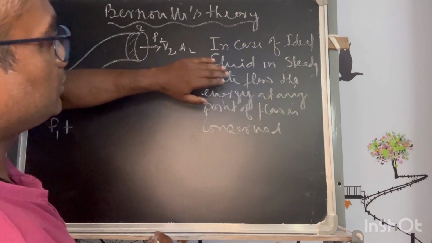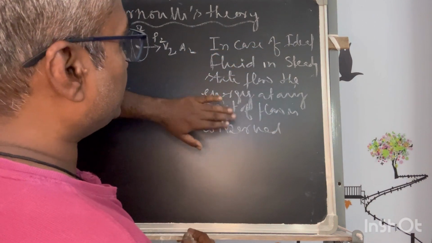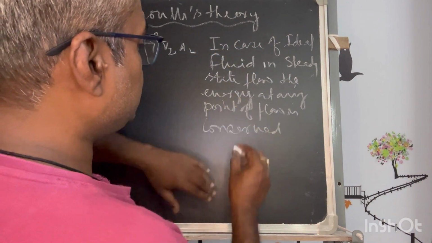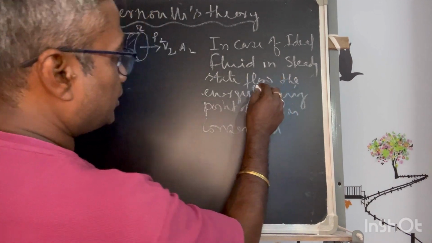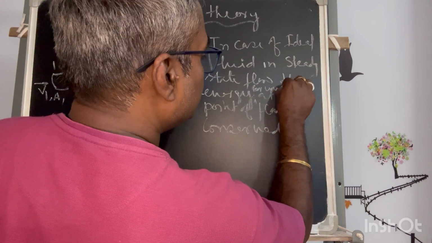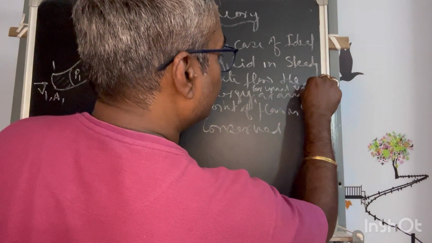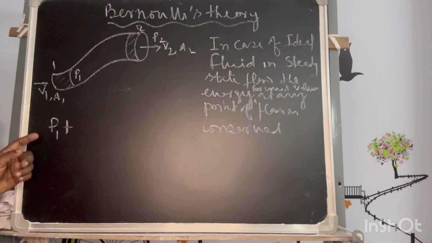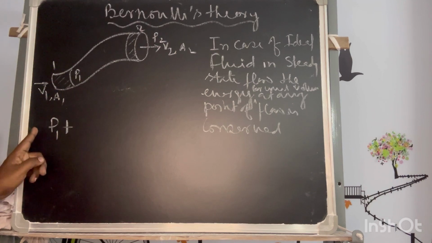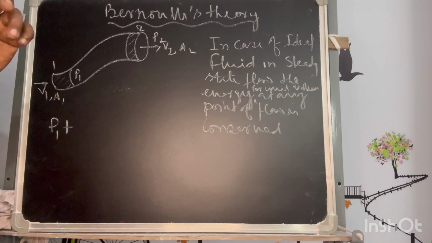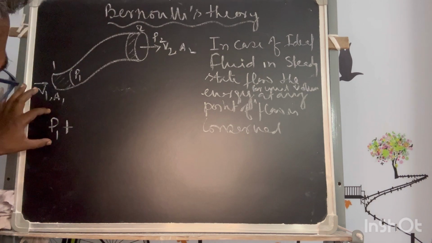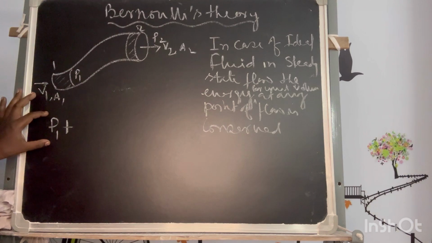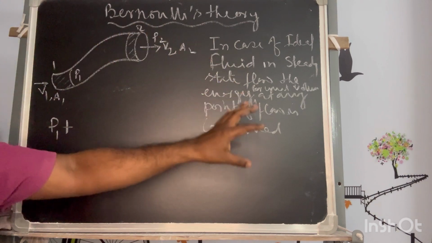In the case of a fluid, you have to consider the energy per unit volume. So the pressure here per unit volume is P1. If I multiply it by the volume, it gets converted into an energy unit.